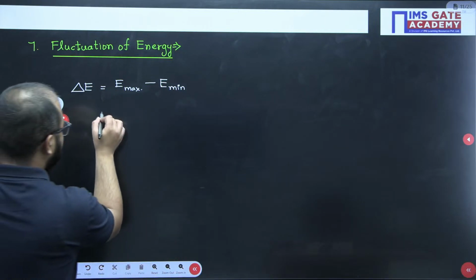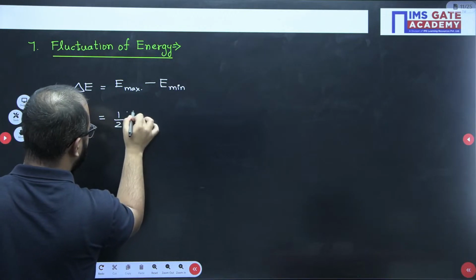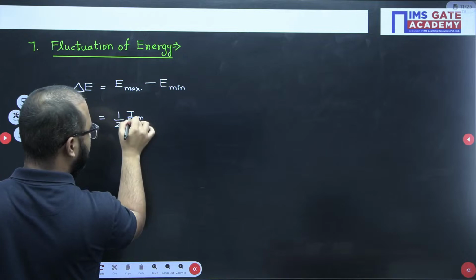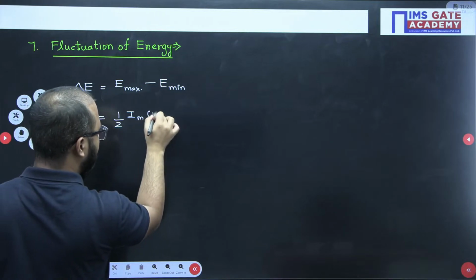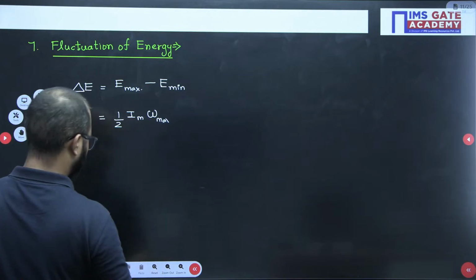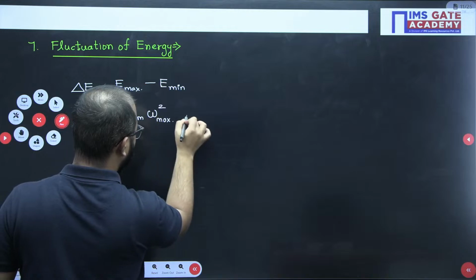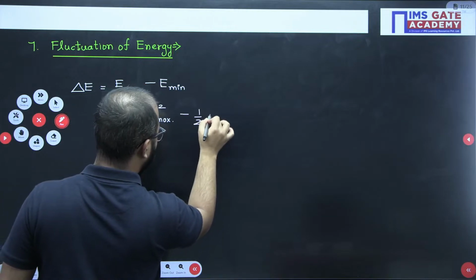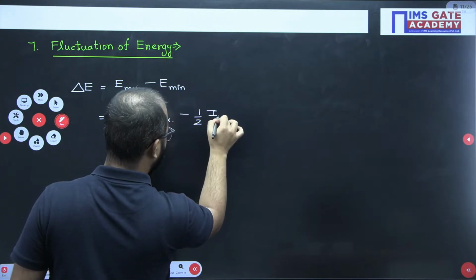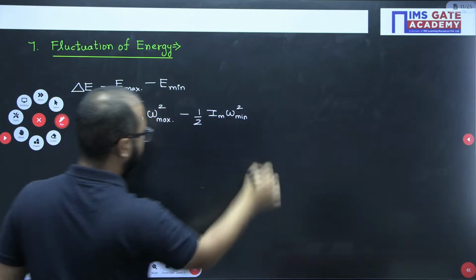So maximum energy, as it is a rotational kinetic energy, I will write half I, that is the mass moment of inertia, into omega max square, minus half I omega min square, right?